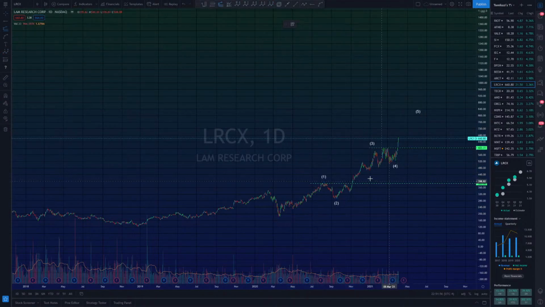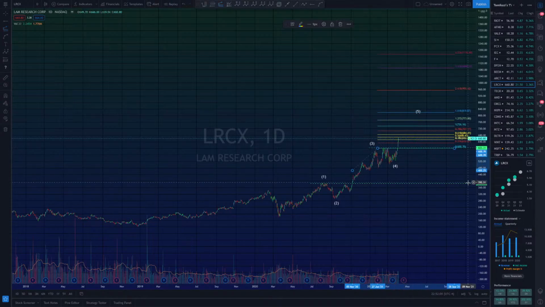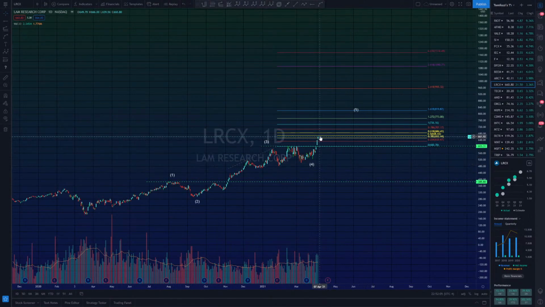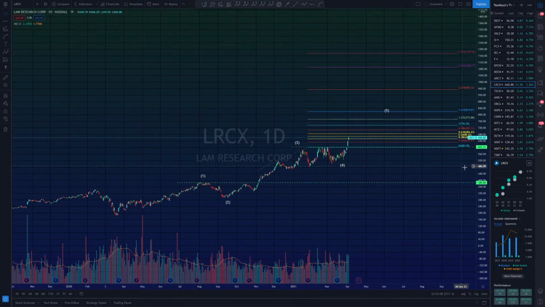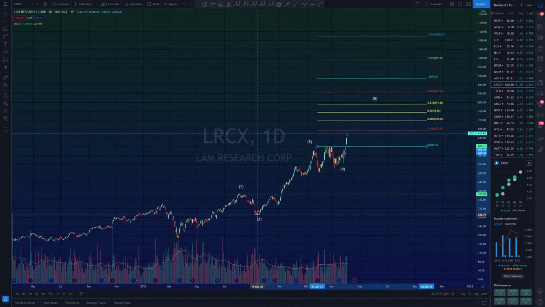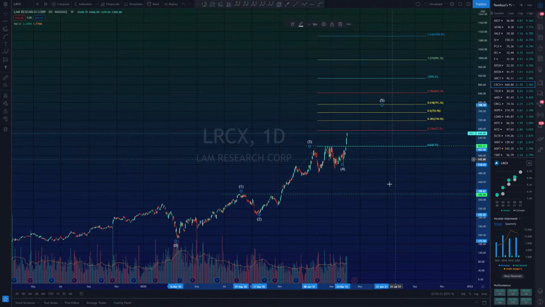That would put us at a target. I would say tomorrow it could hit 684 before a huge pullback, and then possibly 791 for the major move.